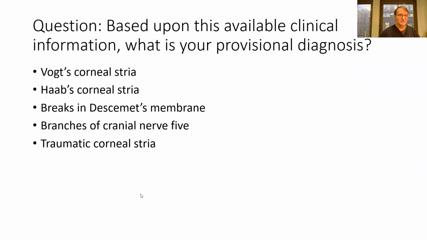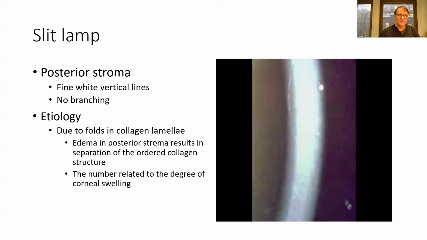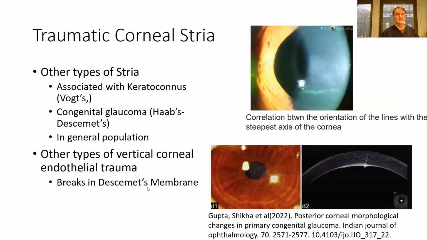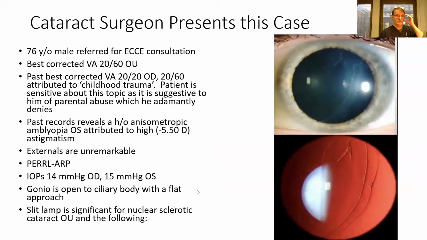And one clinical tip, by the way, I'll give you is that when this patient's acuity is reduced, have the patient shut their eye and press on their globe and then let go and look at these at the slit lamp, you'll see that they resolve a bit, as opposed to breaks in Descemet's membrane, where that will not occur. And this is the case I'll end on in the interest of time.